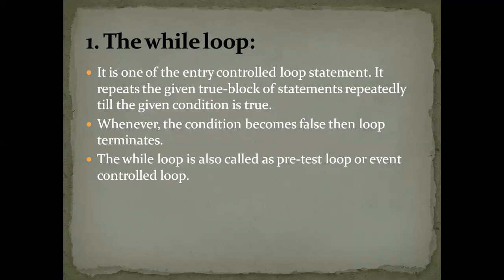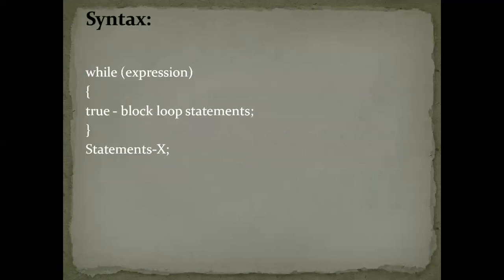Understood? The while loop is also called a pre-test loop or entry control loop. I'll tell you how this works with the help of syntax and an example. This is the syntax for the while loop: while expression. Expression is nothing but a condition.